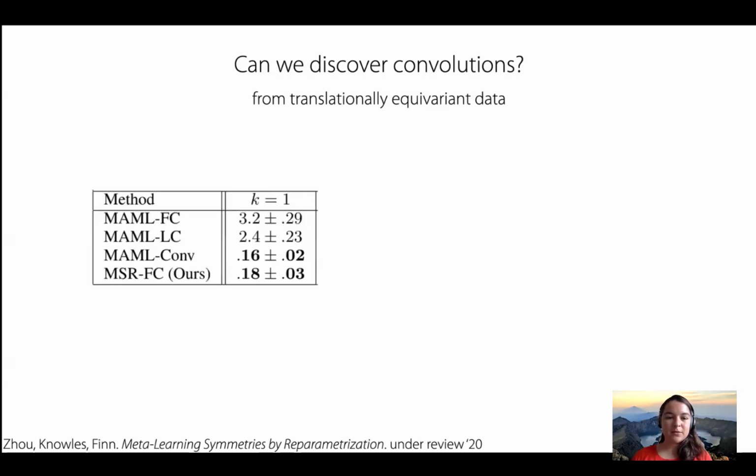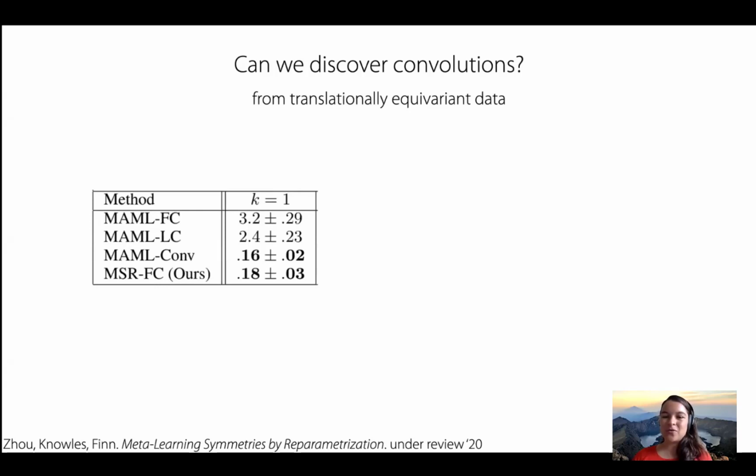What we found is that when we were measuring the mean squared error for new meta test tasks, MSR was able to achieve performance comparable to MAML with convolution layers, even though MSR was starting with a fully connected network. And of course, MAML with fully connected networks and locally connected networks performed worse than MAML with convolution networks because they don't have this equivariance.